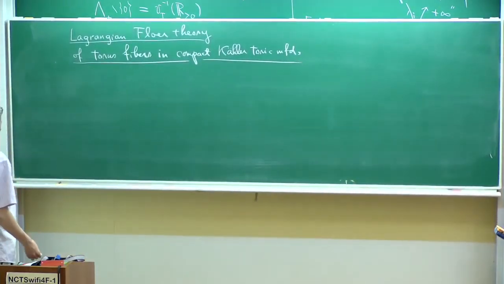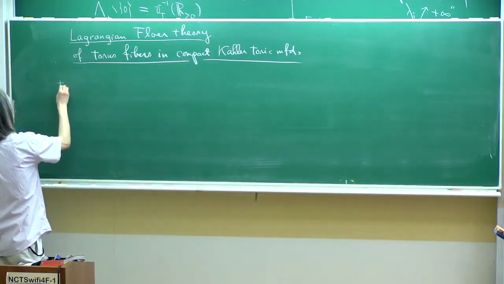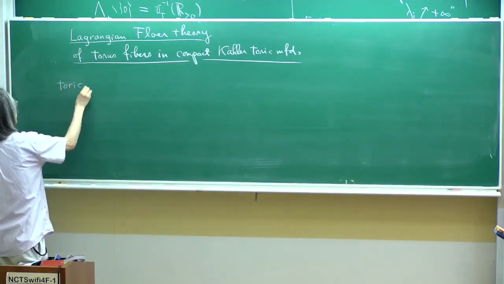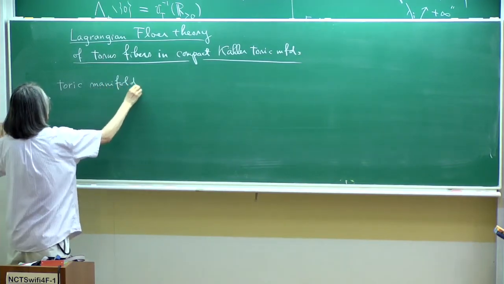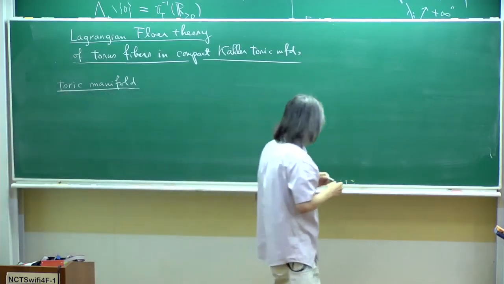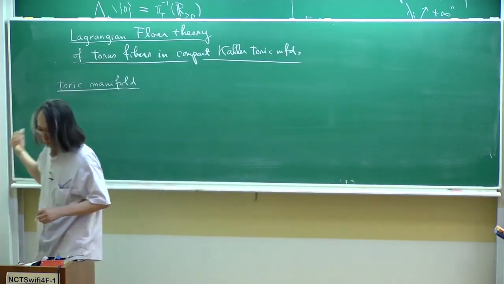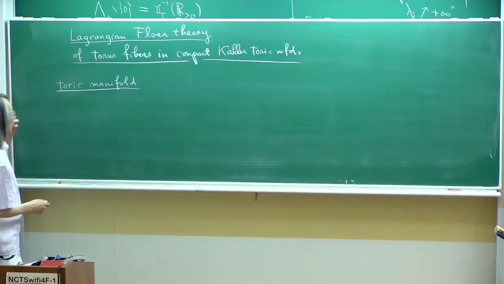First of all, maybe I have to recall something about toric manifolds. I don't know whether I am an appropriate person to explain this. Maybe some other people may be better, but anyway, I will try.